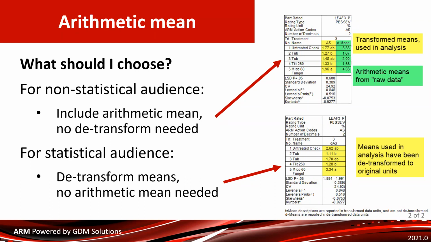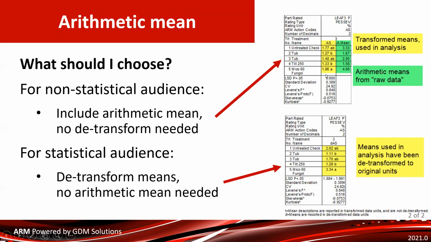Now that you have these two options, maybe the question is, what should I choose? What should I include? As a general guideline, it probably depends on your audience for the report. If the report is for a non-statistical audience, then it might be wise to include that arithmetic mean. You can include it as a separate column, still within that same assessment.